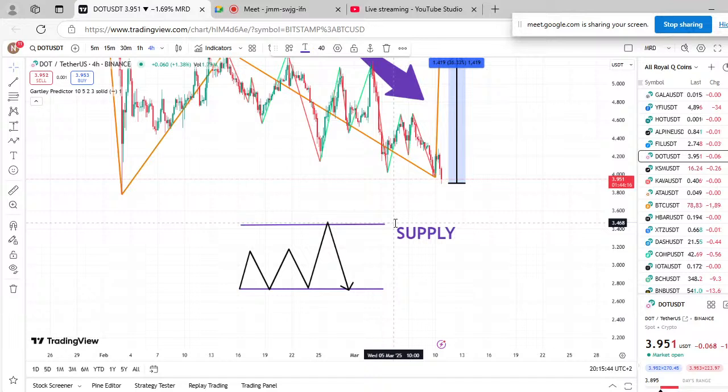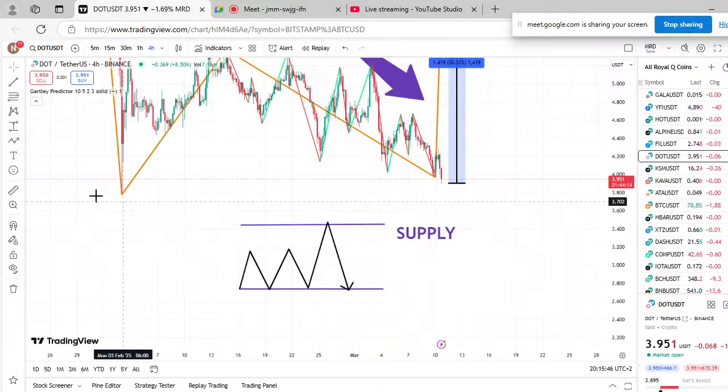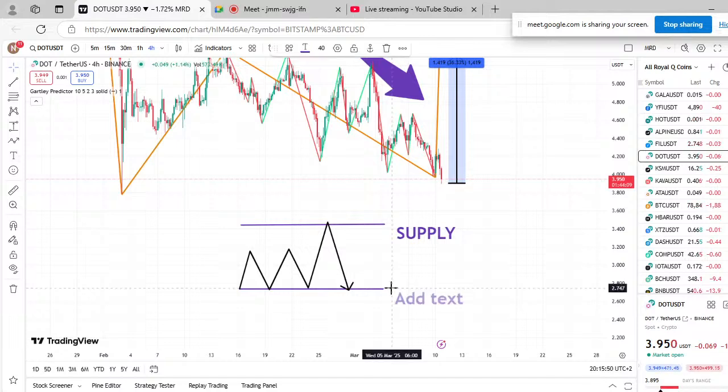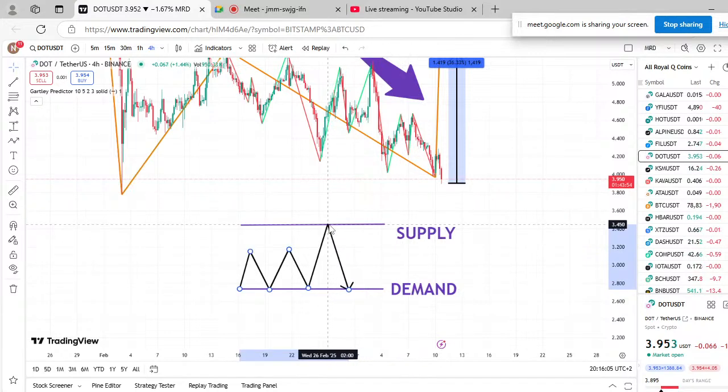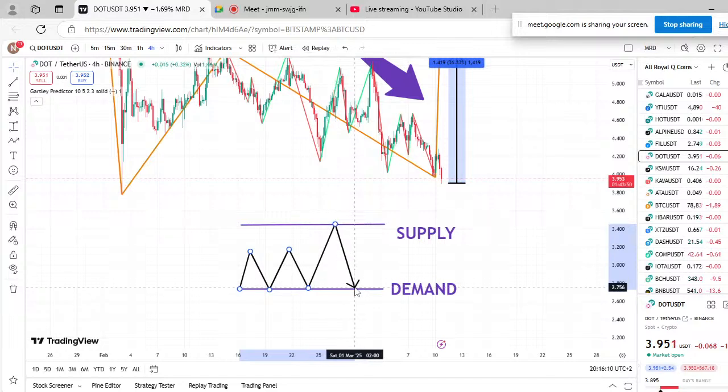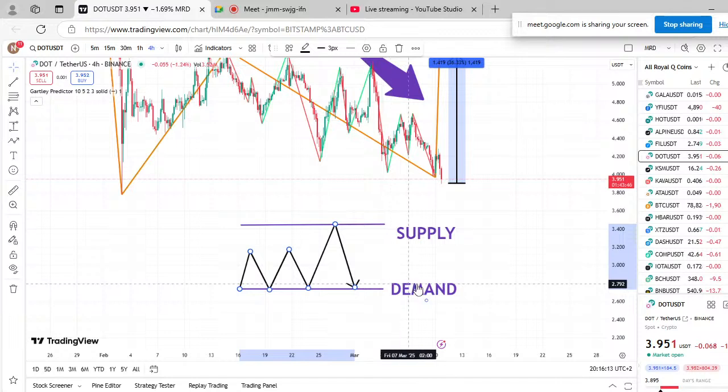Then we can look at the demand level here. Or you can call it demand zone. Are we together? So at the top here where the resistance is, it is the supply level, and down here where the market has been touching several times, it's where the demand is.